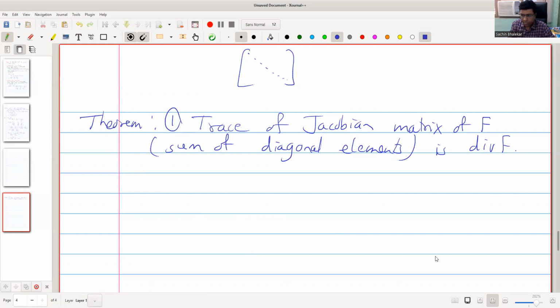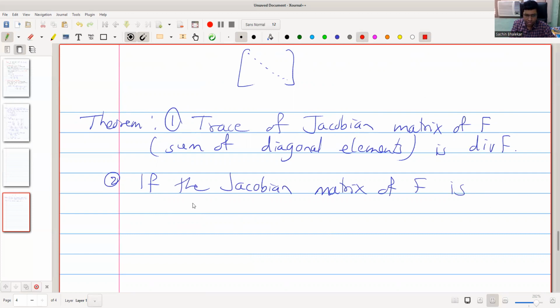Next thing is, if the Jacobian matrix is symmetric, then curl of F is 0. If the Jacobian matrix of capital F is symmetric.